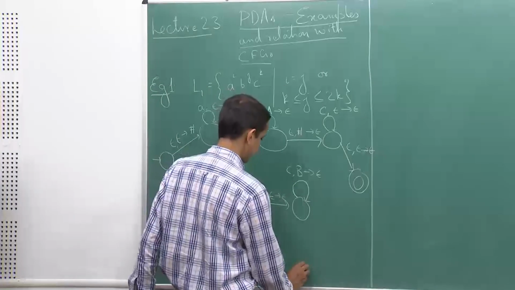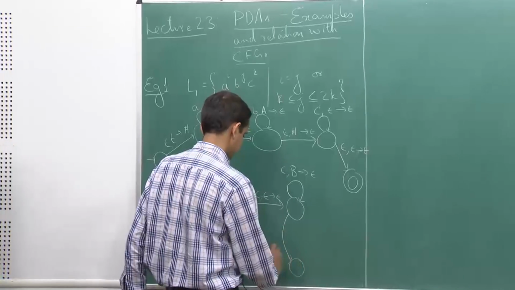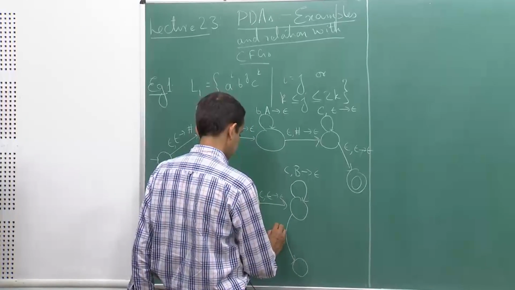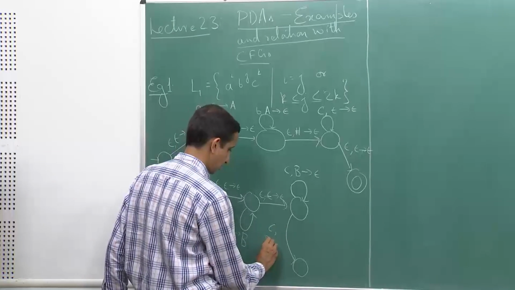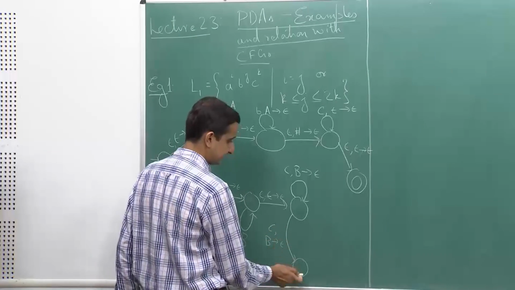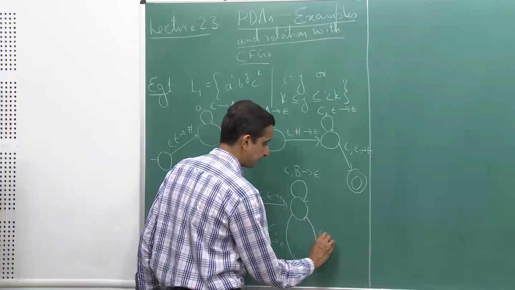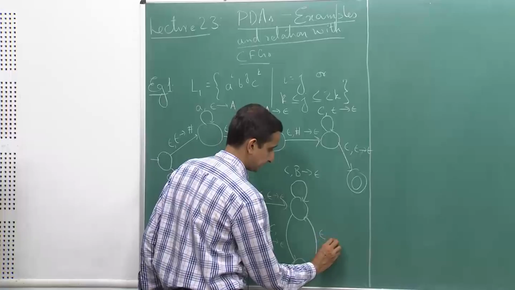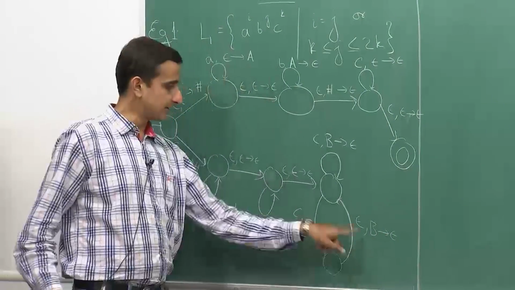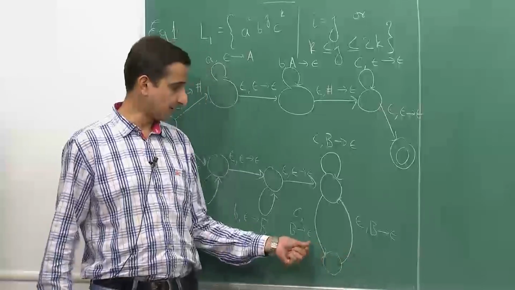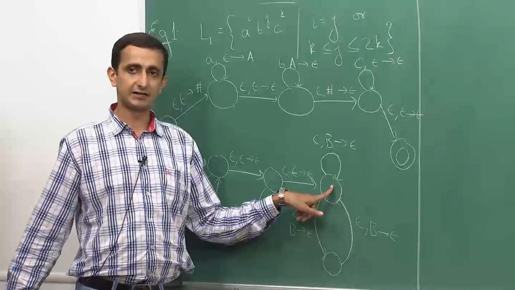So, to do that I will use another additional state. So, first on seeing a C, I will pop out a B, which takes me to this state, and from this state I will pop out another B without reading any symbol, that is epsilon. So, these two operations together correspond to popping out 2 B's on a single C, which takes me back to this state.